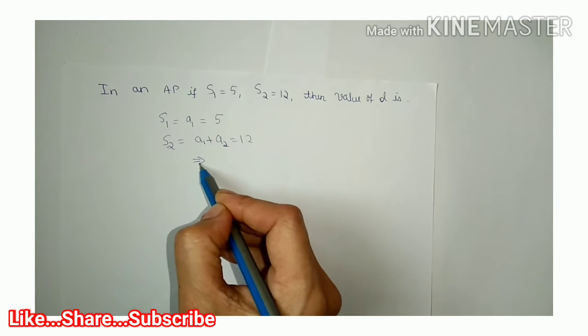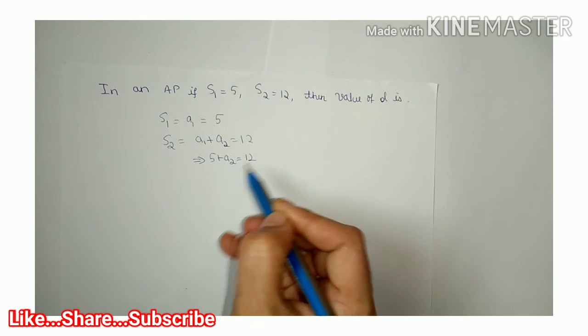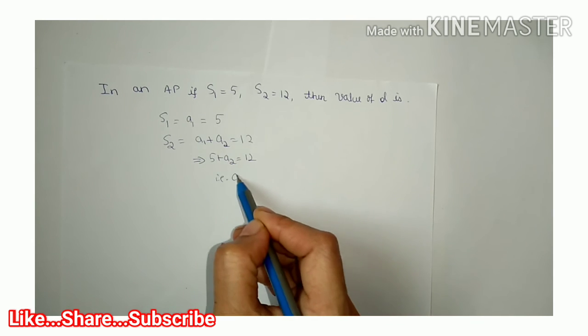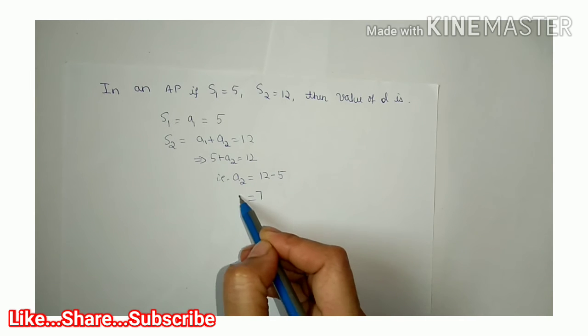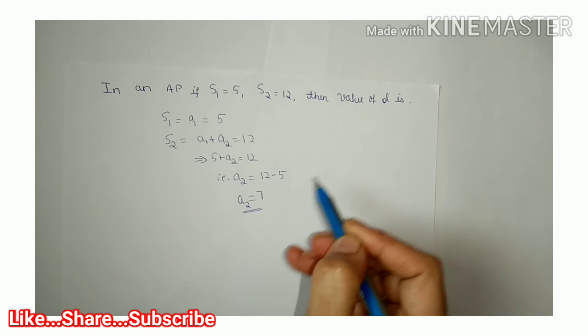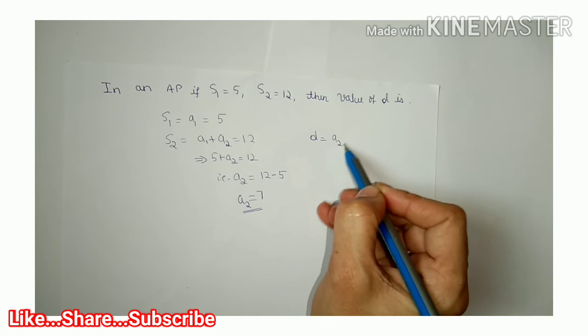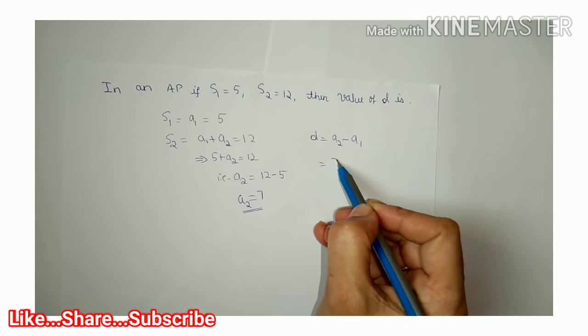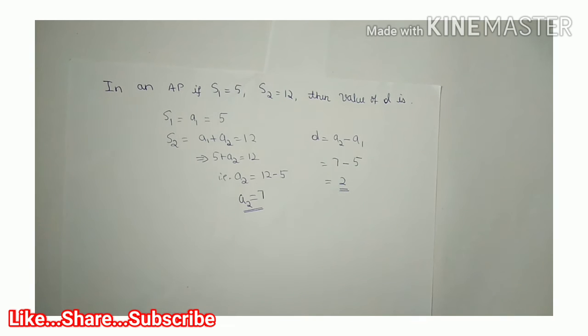It implies a1 is 5, 5 plus a2 is equal to 12. That is, a2 is equal to 12 minus 5, 12 minus 5 is 7. a2 is 7. So, the common difference d is equal to a2 minus a1, a2 7 minus a1 5, which is 2. Therefore, d is 2.